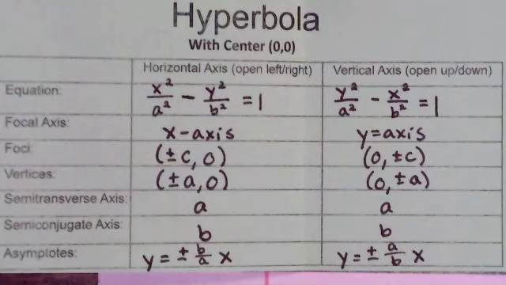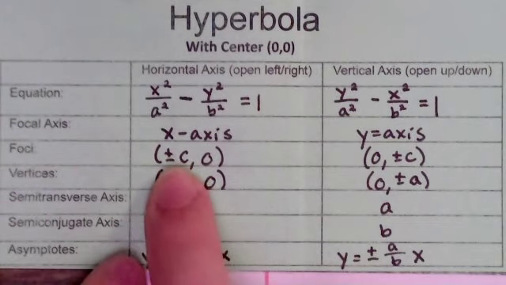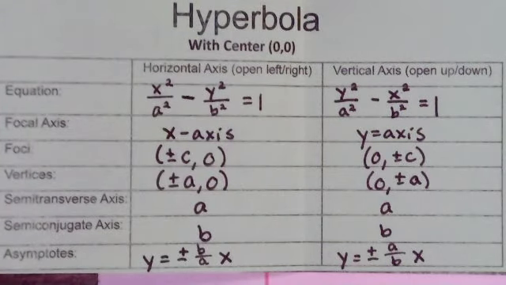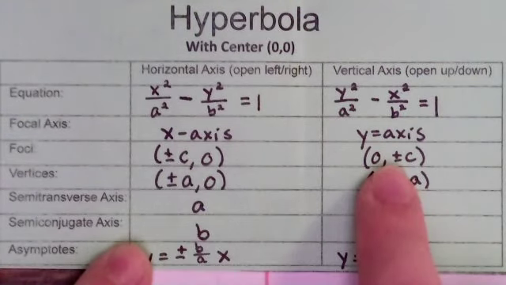And then you have all these other features. As usual, C is talking about the distance from the center to a focus. So you're going to see, in this case, C is going to be more than A because it's further away from the center. It's a little different than it was with ellipses. But your foci, we're still going to follow those same ideas that you had.